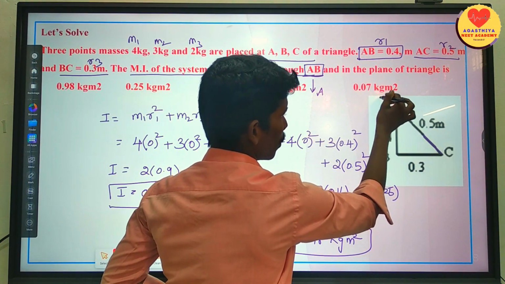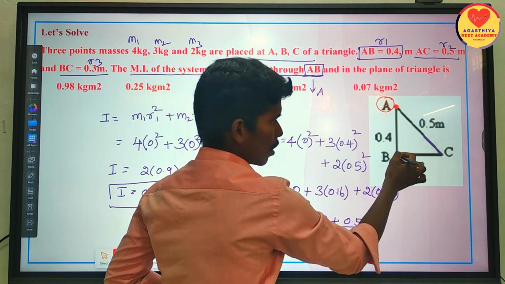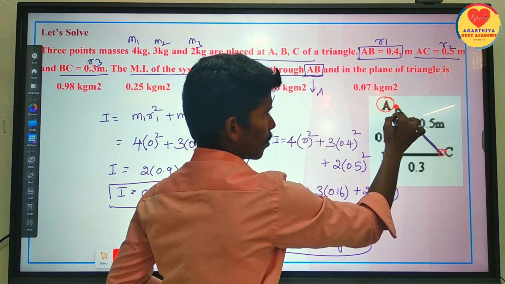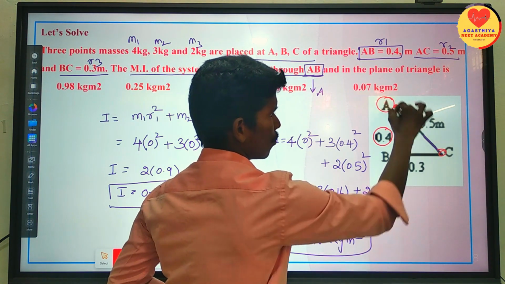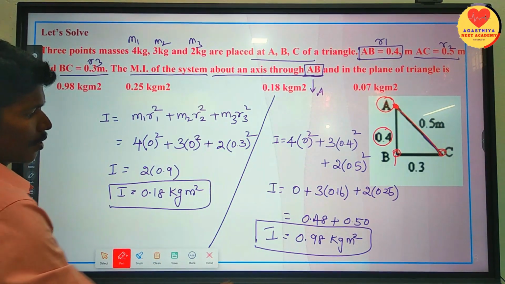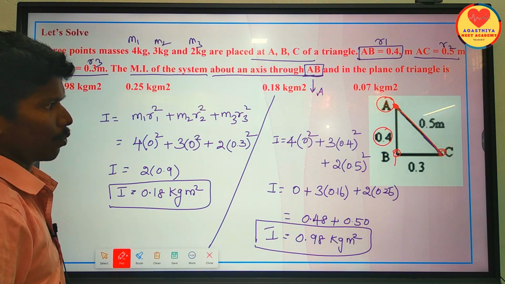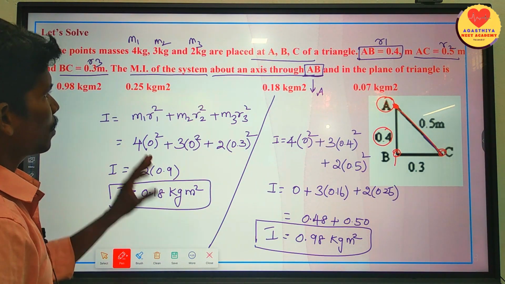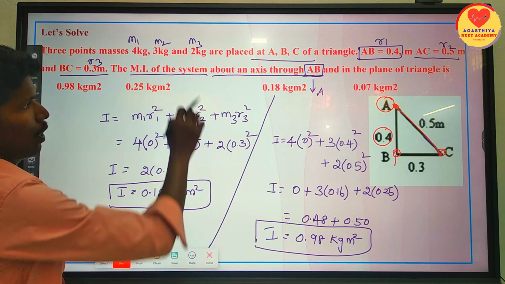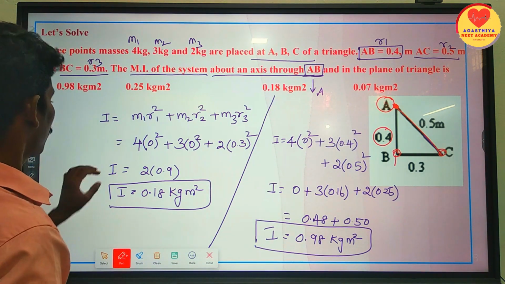There is no perpendicular distance for mass M1, but there is a perpendicular distance for B and C. The perpendicular distance is 0.4 and 0.5. So finally we get I equal to 0.98 kilogram meter square. This is case 2, only passing through A in the plane of the triangle.